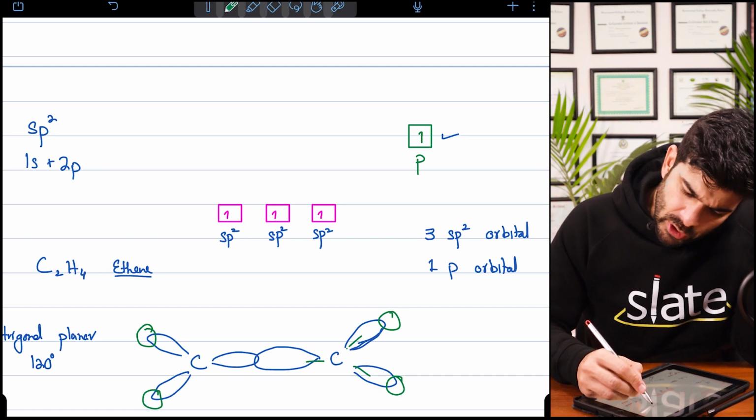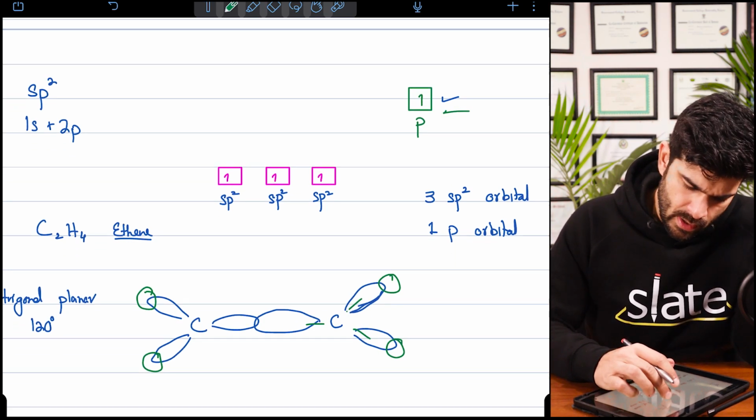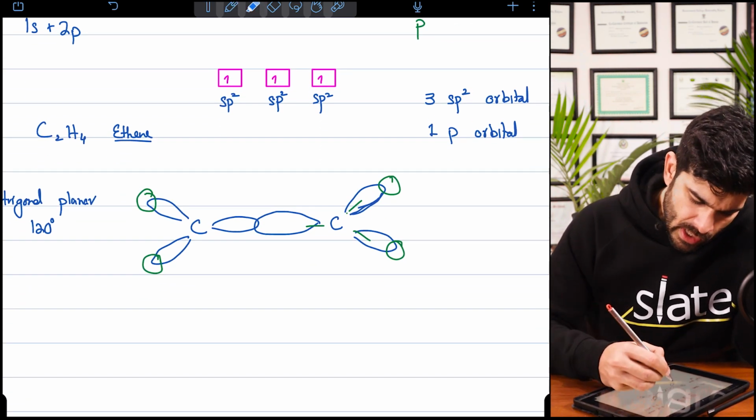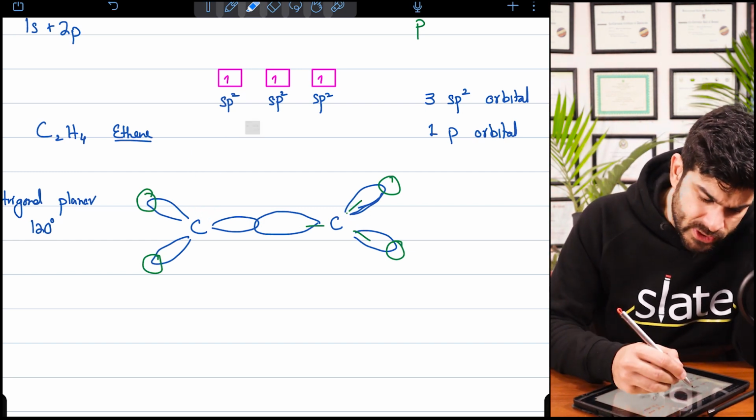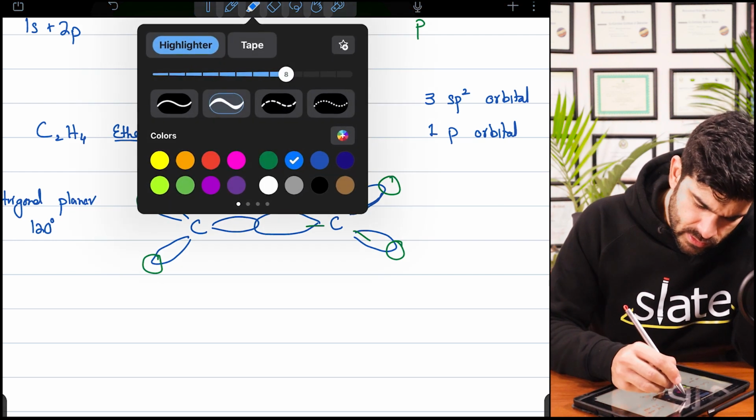Remember, there was one p orbital. Then we draw this p orbital in its original shape, because this was not hybridized.